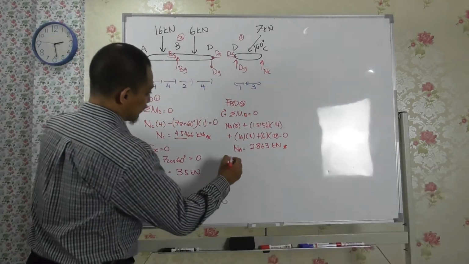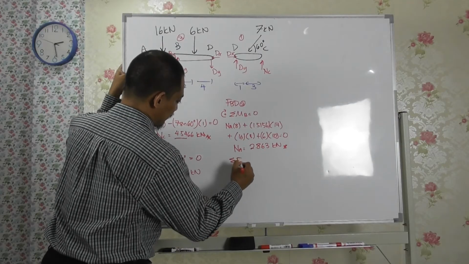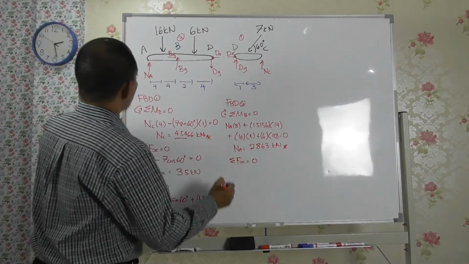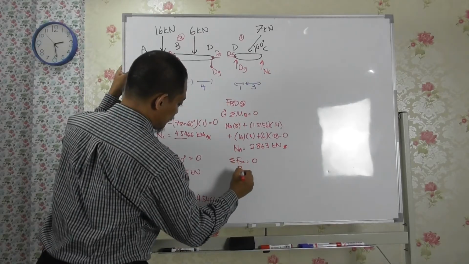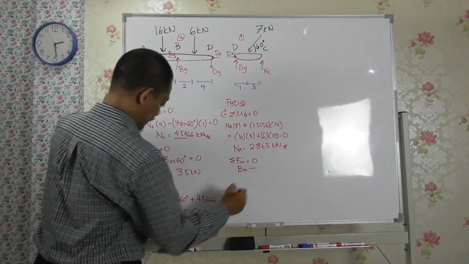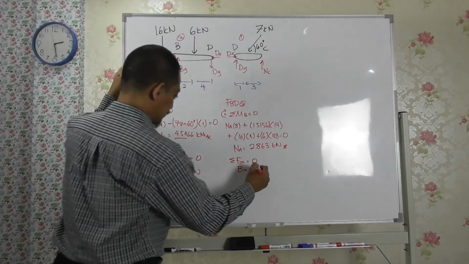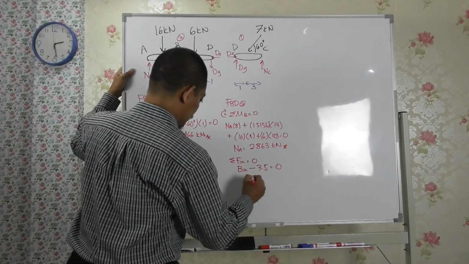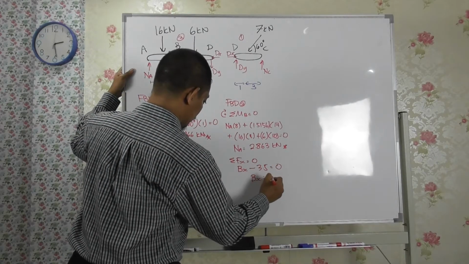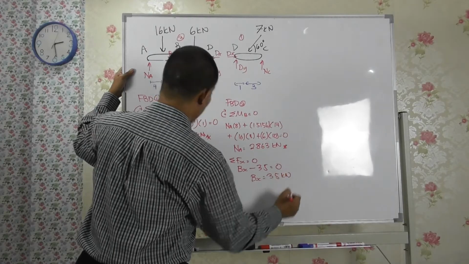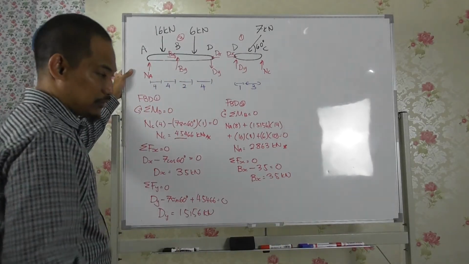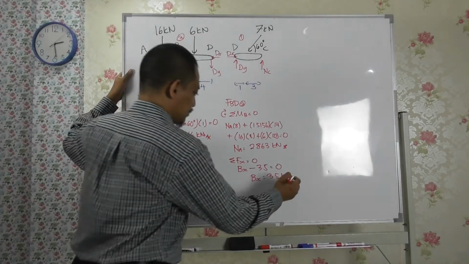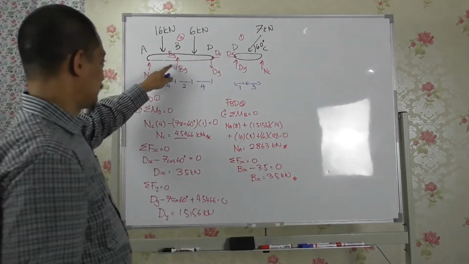After that, you can take the summation of Fx equal to 0. So you'll have Bx minus Dx, which is 3.5, equal to 0. So Bx equal to 3.5 kilonewton. Because this is a support also, a pin support.